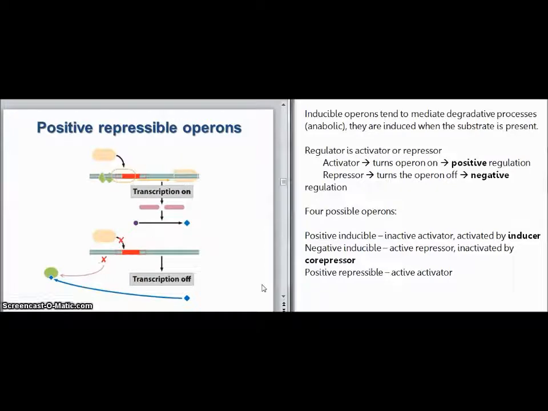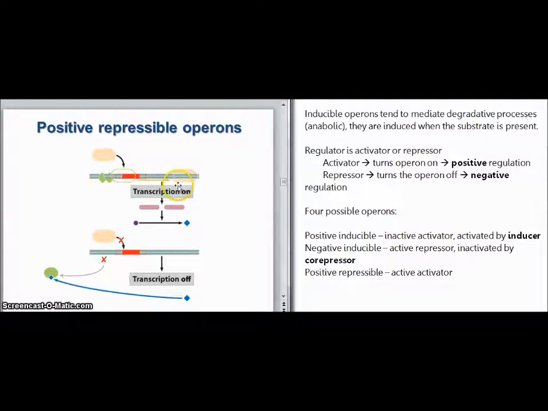Here we have positive repressible. Now positive means that we have an activator. Repressible means that it's able to repress, so it's typically on. And so our activator here is normally attached to the operator.